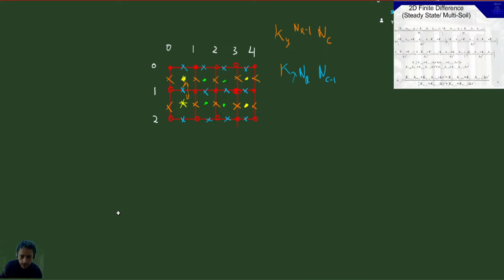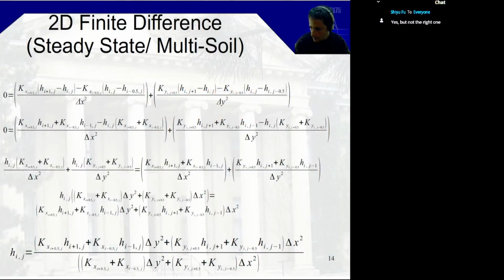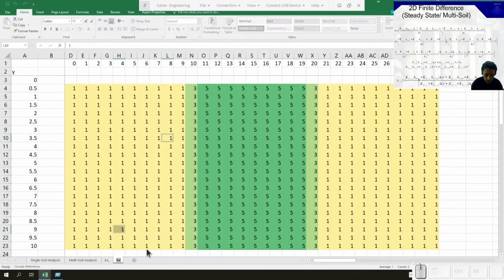So we have k, this is kx, and this one will be ky's. Because the ky's are, wrong sheet. And this one will be ky's. Alright.